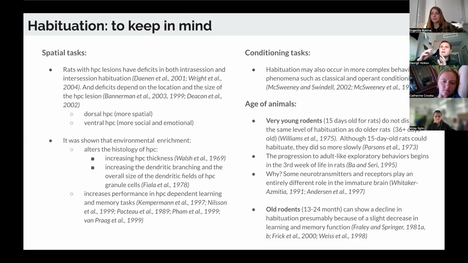Am I understanding correctly that because the exploratory activity is much lower, there is no need for strong habituation, because they do not need to adapt to this new environment since they actually do not explore it? Can you explain the link between these two facts?